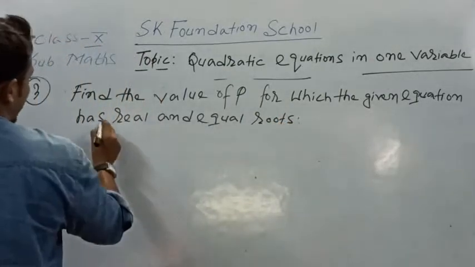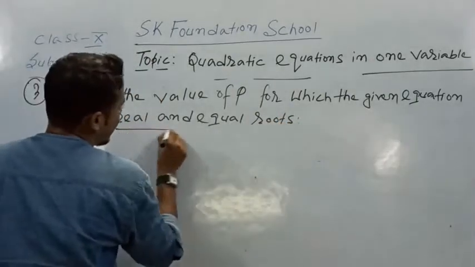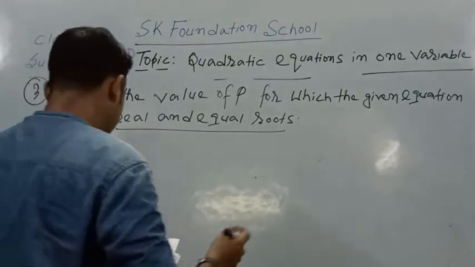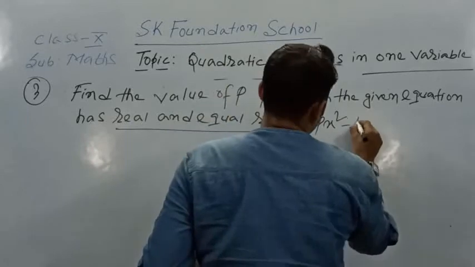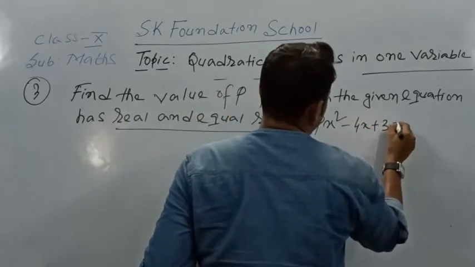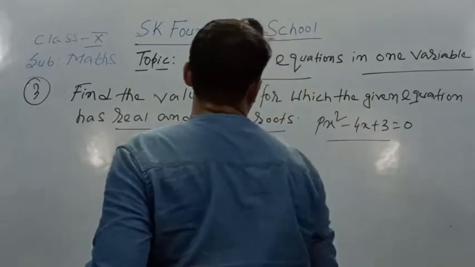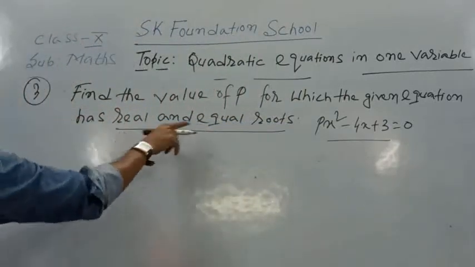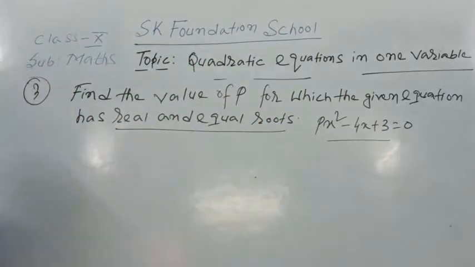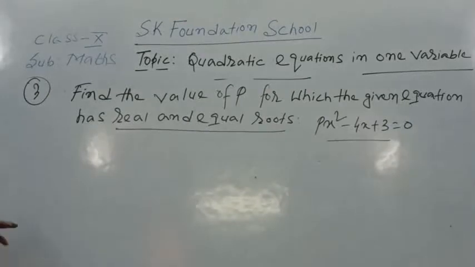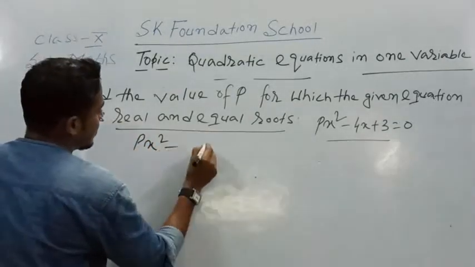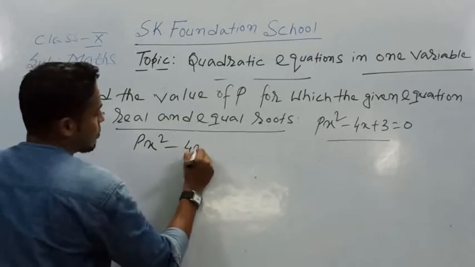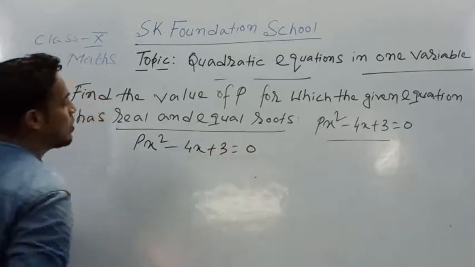The important part: the given equation has real and equal roots, and the equation is px square minus 4x plus 3 equals 0. First I am going to write the equation px square minus 4x plus 3 equals 0.